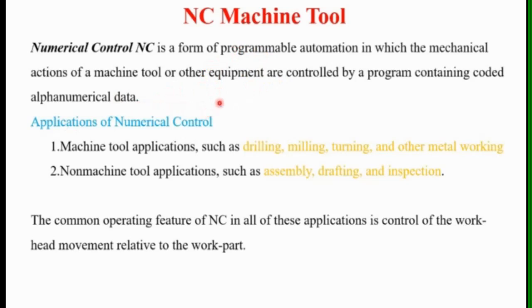This alphanumerical data represents the relative position between the work head and the work part, as well as the other instructions needed to operate the machine. The work head means the work table, and the work part means the component or the workpiece.